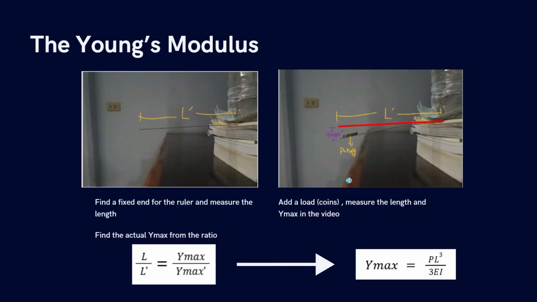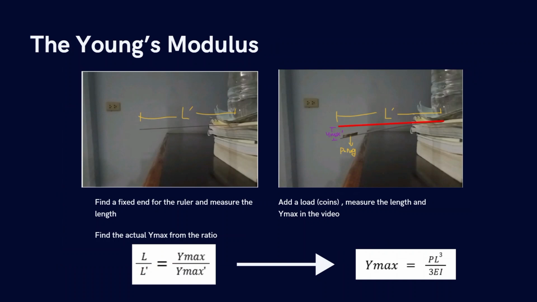Then we're going to try to find the Young modulus value, and by conducting a small experiment I am going to find a fixed end for the rulers, and then I'm going to measure the actual length of the rulers, and then take a video of adding coins or load to the rulers.